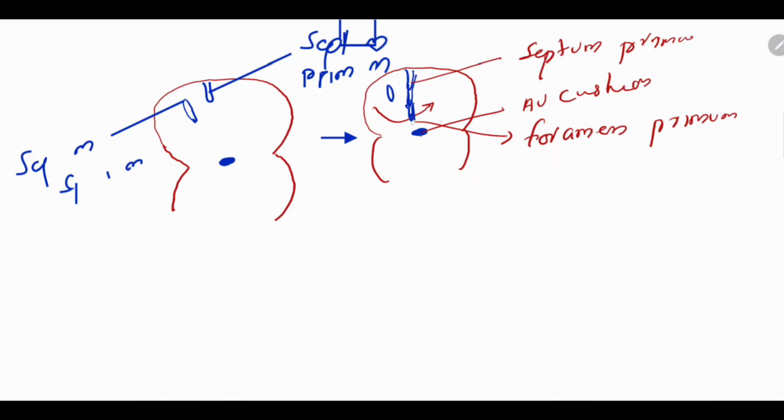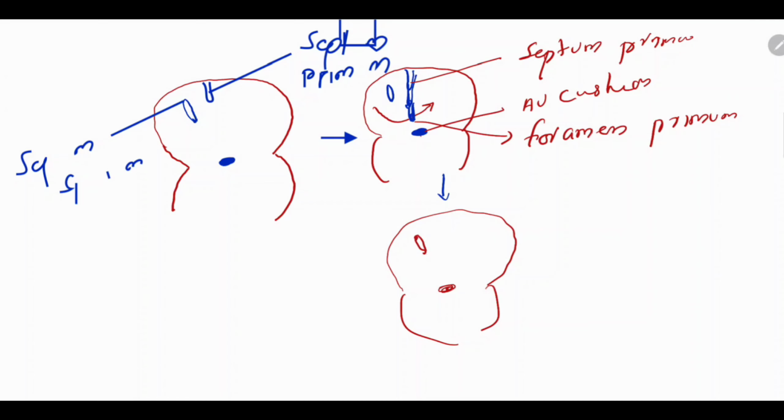Just before the septum primum fuses with the AV cushions, the proximal part of the septum primum dissolves. I am just drawing another diagram here. We have the primitive atrial chamber, the primitive ventricle, and the septum spurium.